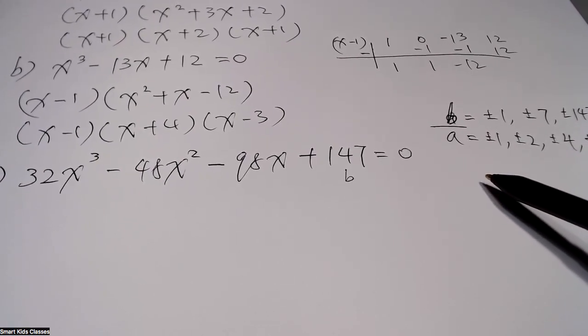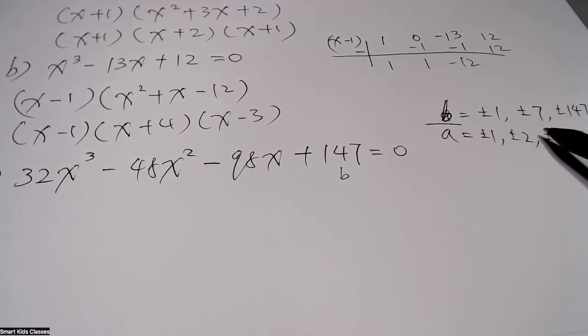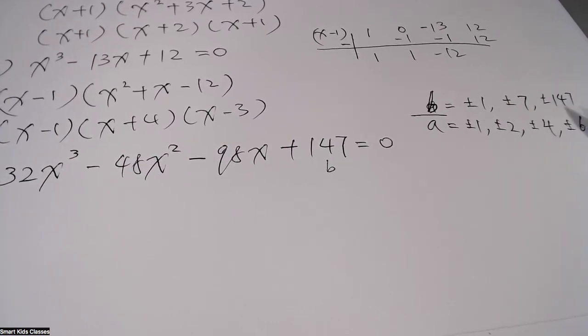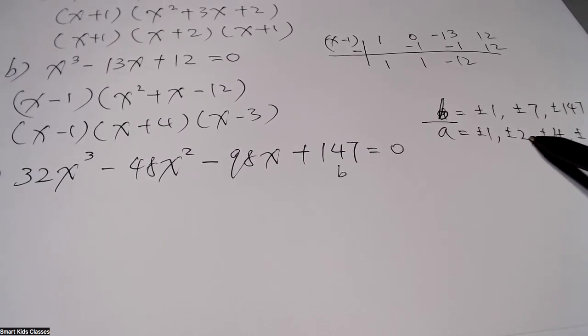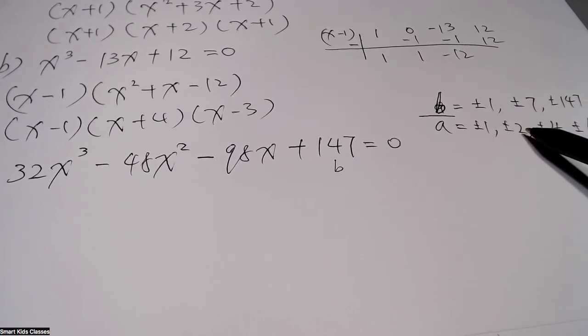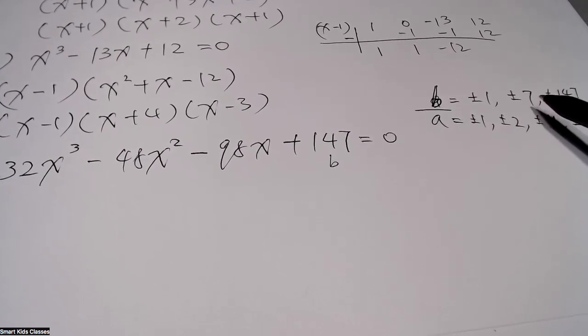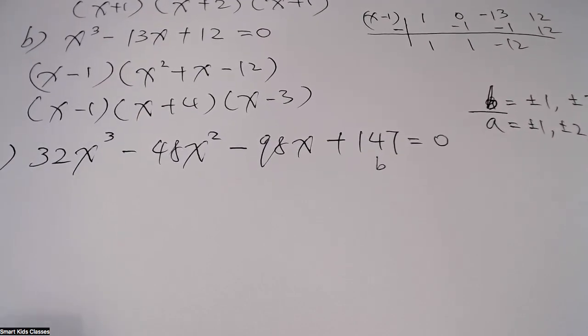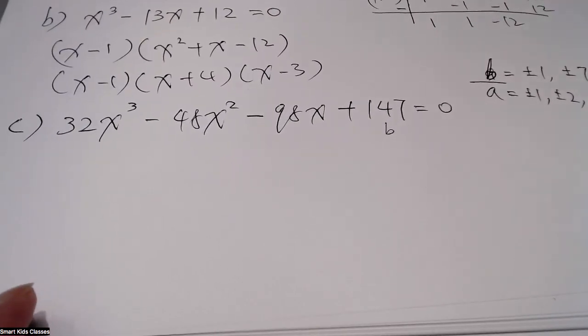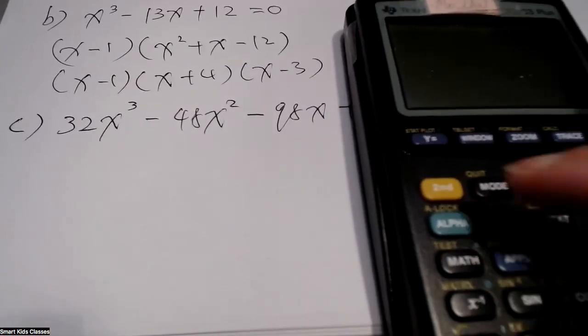So we can try, after 1, we're going to try 7. So 7, we're going to have a 2. Okay, let's try 7 over 4 and see if it works. So you use a calculator.